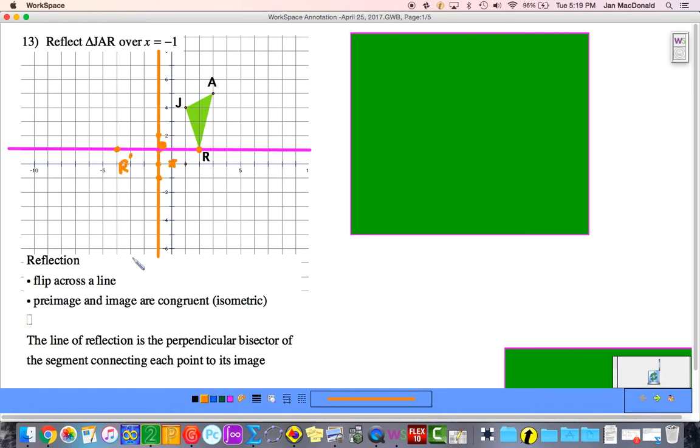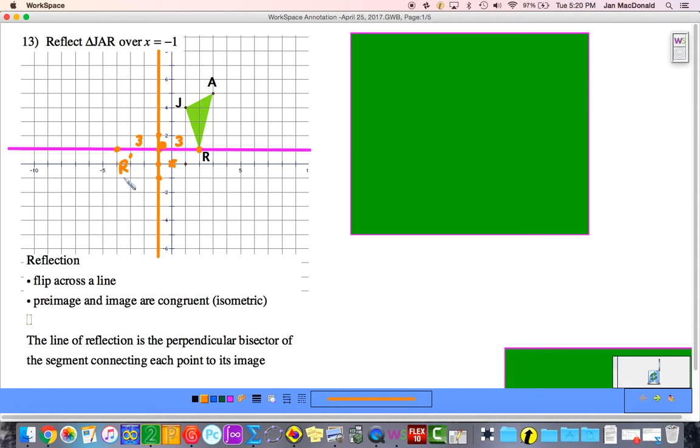How did I know that? I know that the line of reflection has to be perpendicular to the segment connecting each point to its image. So here's my line of reflection, x equal to -1. It is clearly perpendicular to the segment connecting R to R prime, and not only that, it cuts that segment in half. We have 3 units to the left of the intersection and 3 units to the right.